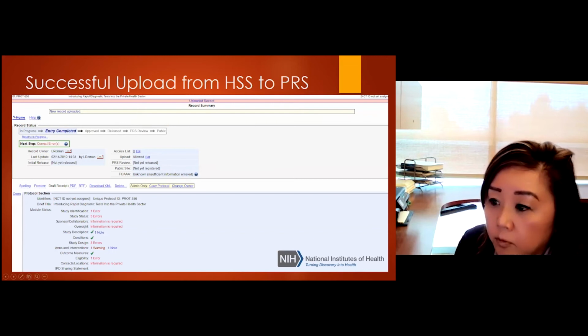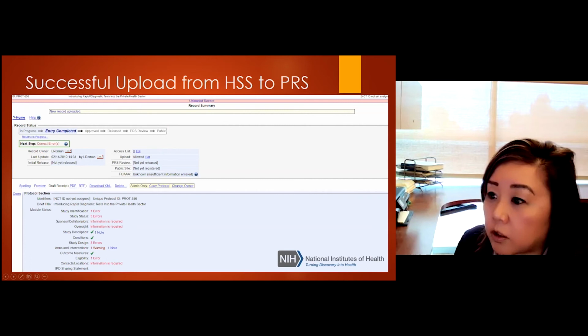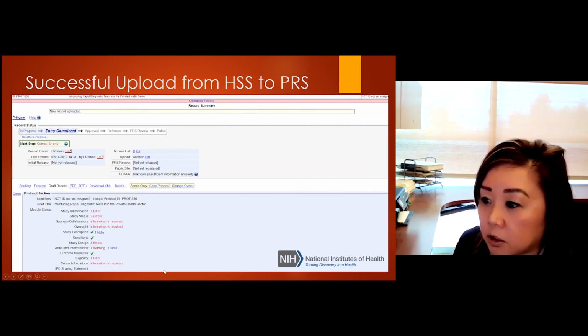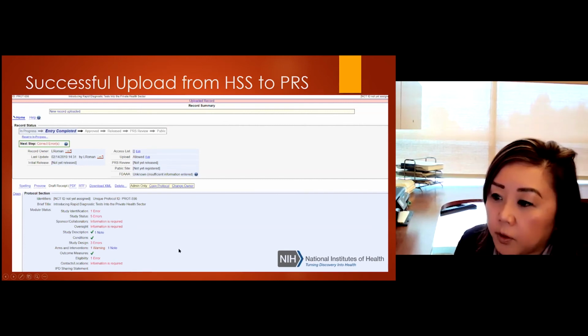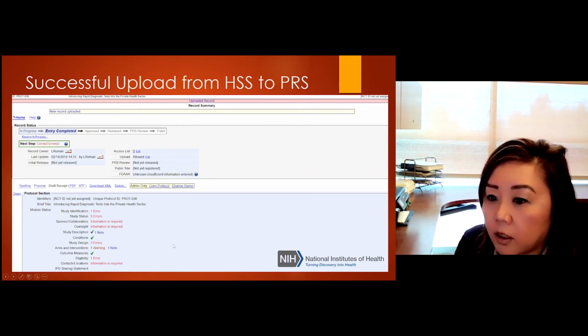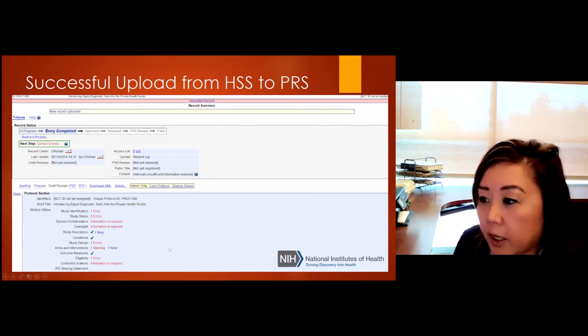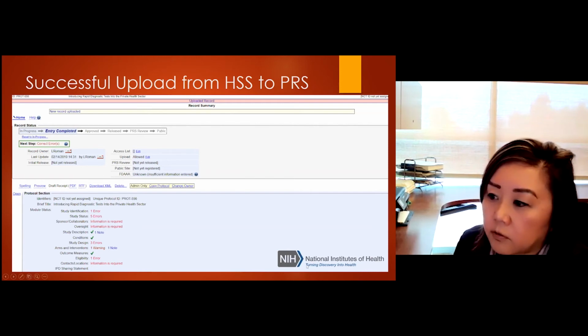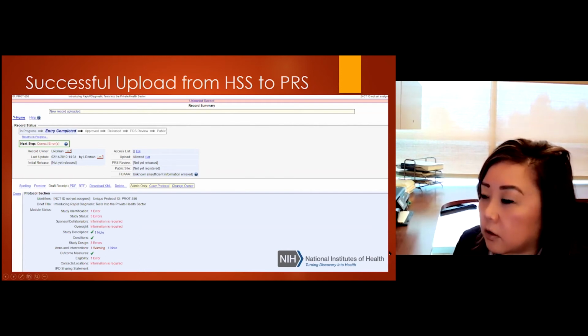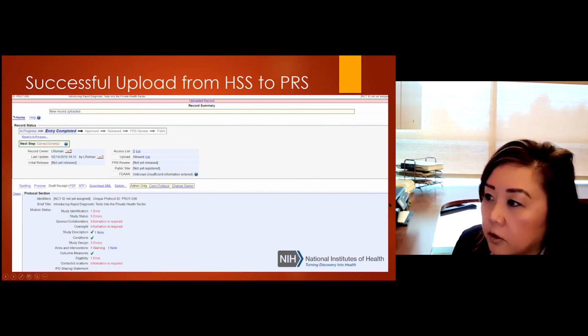Then it'll move the data into clinicaltrials.gov, and this is what it'll look like on a successful submission. You'll still have errors, but the coordinating fields that match up will export that data, and you'll still need to enter the rest and make sure all of the information is complete before you submit in clinicaltrials.gov.